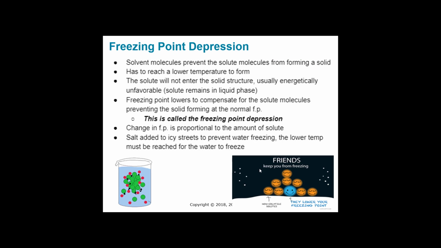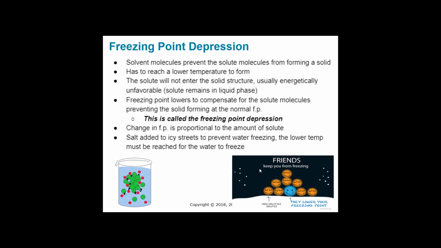Freezing point depression, it's the same thing. If I didn't explain exactly what happens with the freezing point depression, and the same thing happens with the boiling point, these particles block the water molecules from coming together, because once it hits a certain temperature, the water will start following the behavior it's meant to at that temperature, and that means coming together or melting.